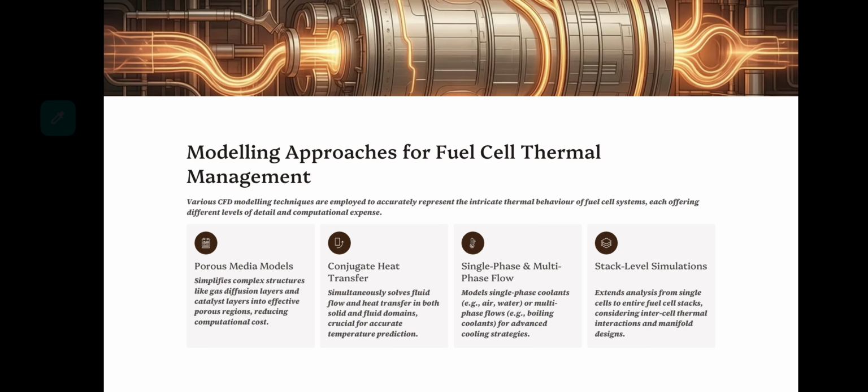Conjugate heat transfer simultaneously solves fluid flow and heat transfer in both solid and fluid domains, crucial for accurate temperature prediction. Single-phase and multi-phase flow models: single-phase flows, for example air or water, or multi-phase flows, like boiling, for advanced cooling strategies. Stack-level simulations extend analysis from single cells to fuel cell stacks, considering inter-cell thermal interactions and manifold designs.